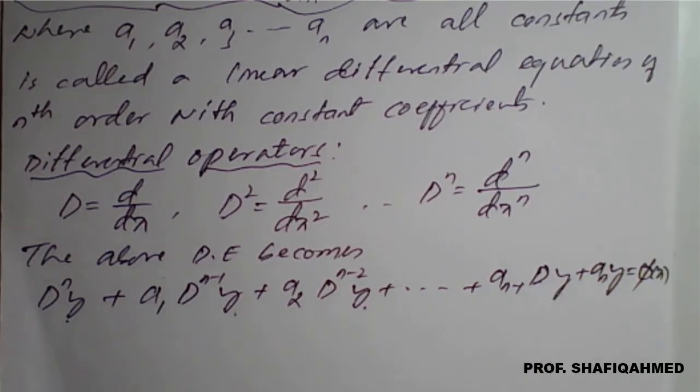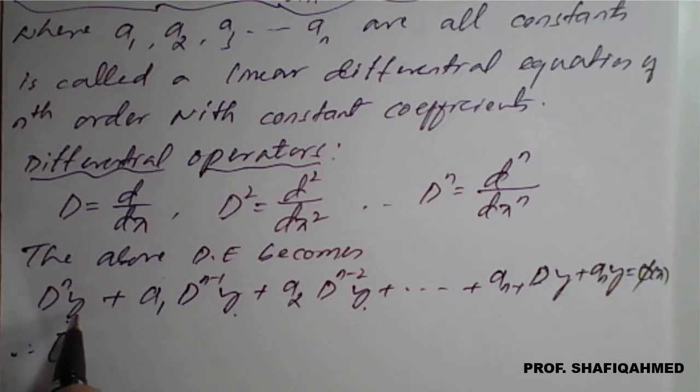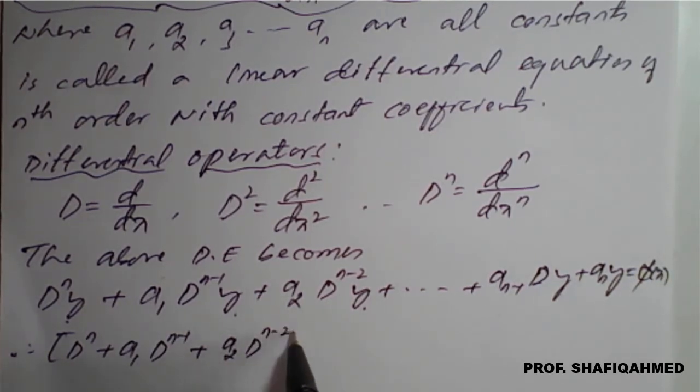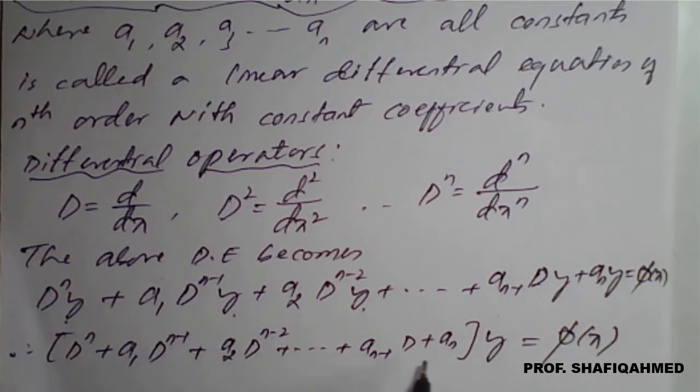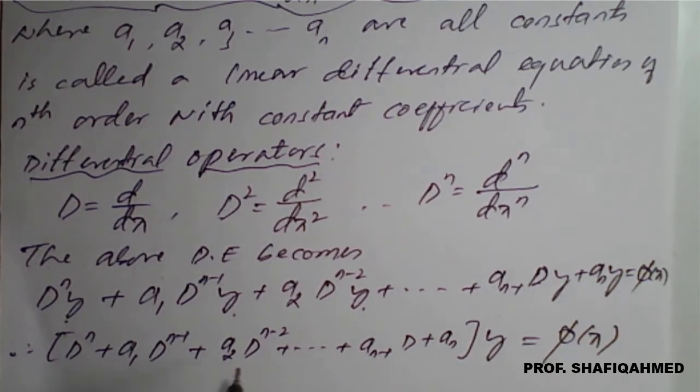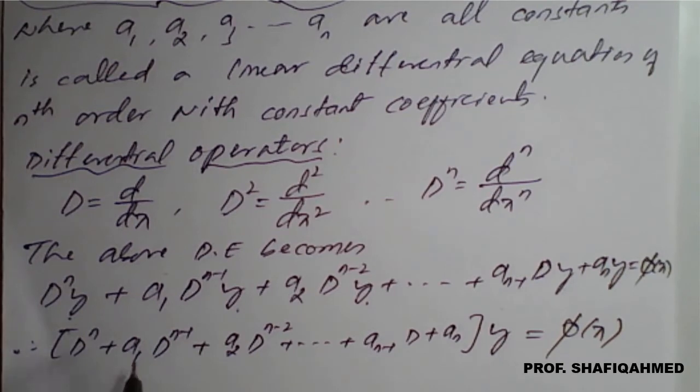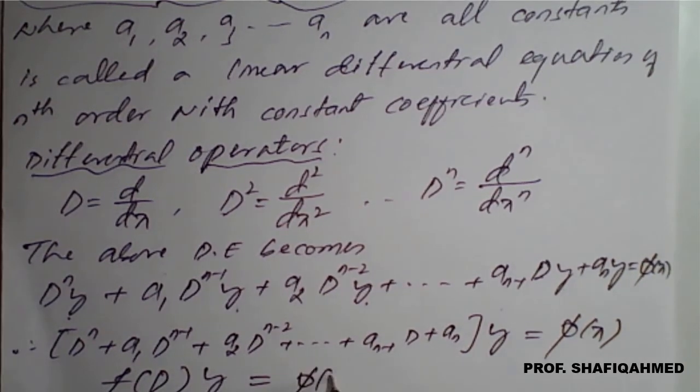Therefore I take y common, leaving D raised to n plus a1 into D raised to n minus 1 plus a2 into D raised to n minus 2 plus so on, a n minus 1 of D plus a n, into y is equal to phi of x.